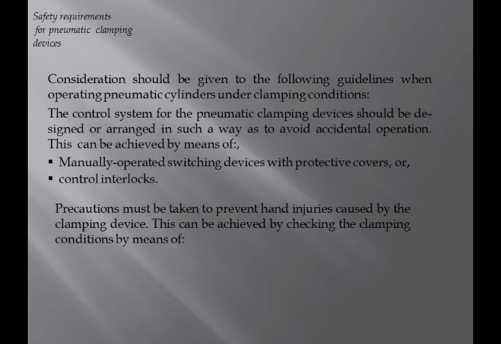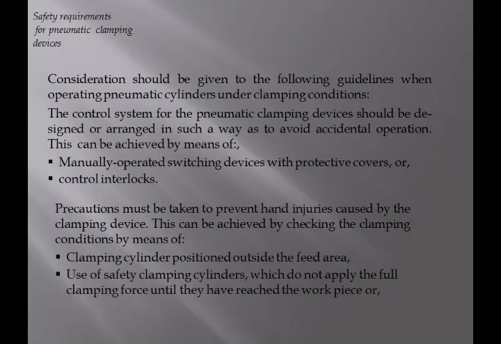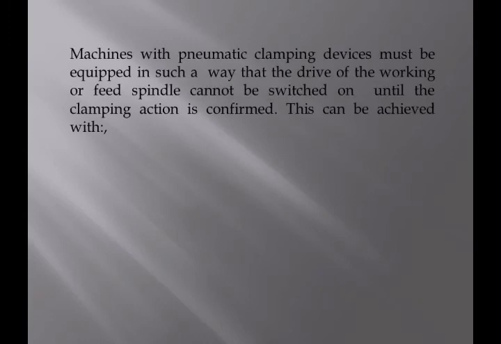This can be achieved by checking the clamping conditions by means of a clamping cylinder positioned outside the feed area, use of safety clamping cylinders, which do not apply the full clamping force until they have reached the workpiece, or use of two-hand control. Machines with pneumatic clamping devices must be equipped in such a way that the drive of the working or feed spindle cannot be switched on until the clamping action is confirmed.